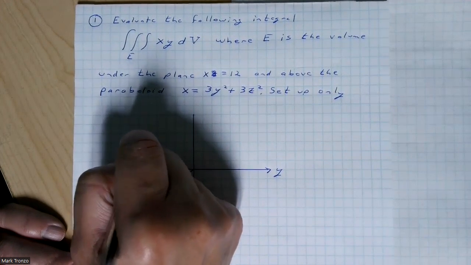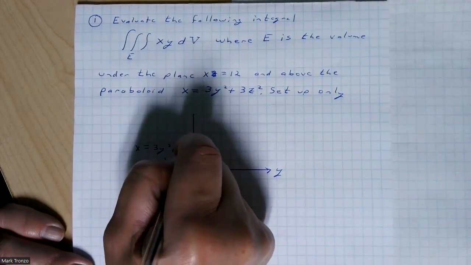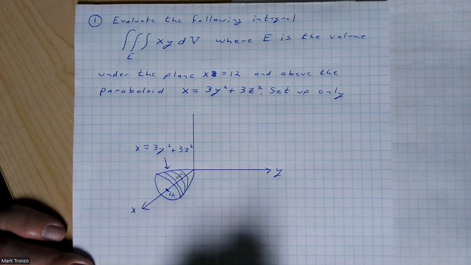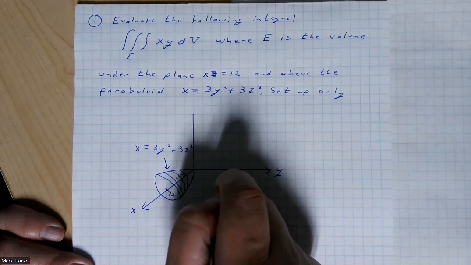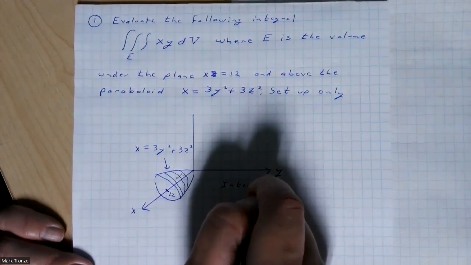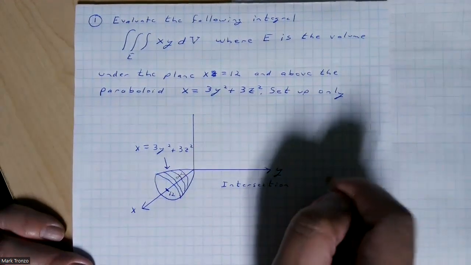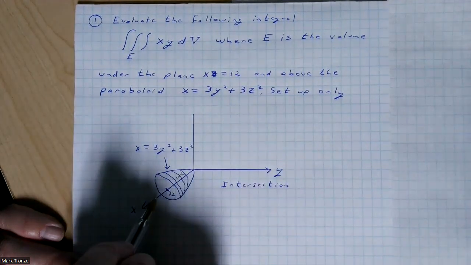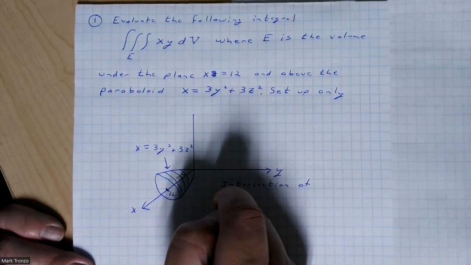So again, the paraboloid is x equals 3y squared plus 3z squared. And then the plane is up here, x equals 12. And so we want to see the intersection of those two. So to find the intersection, of course, set those equal to each other.